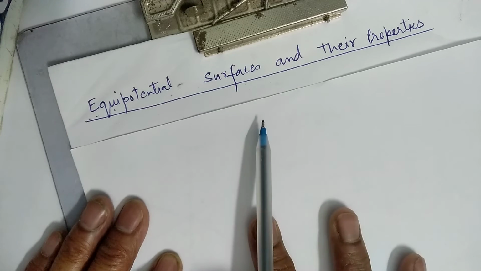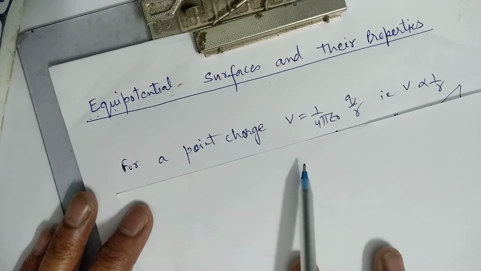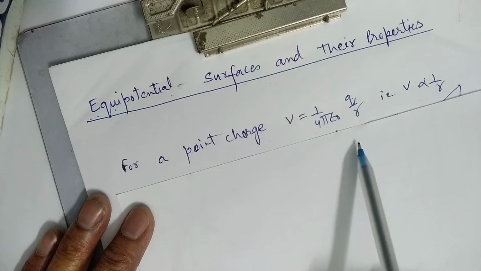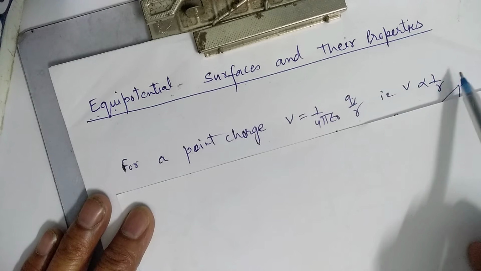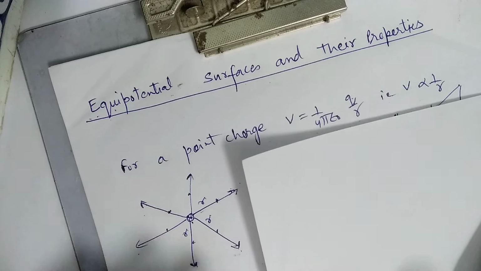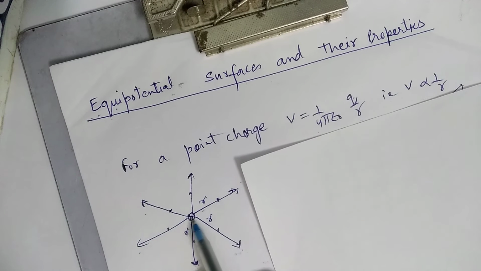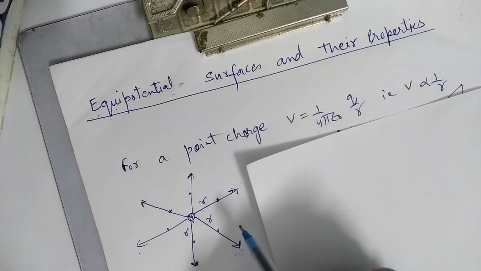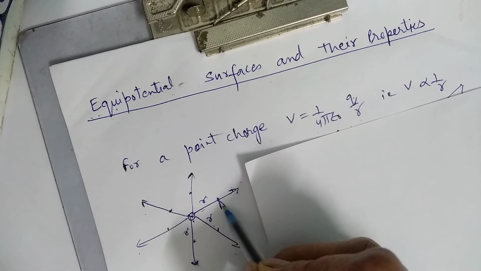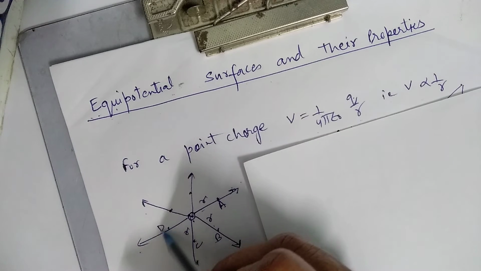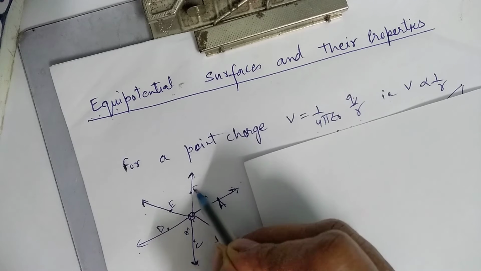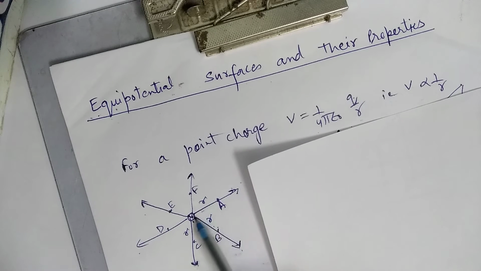For an example, as we know, the potential for a point charge is V equal to 1 upon 4 pi epsilon naught Q upon R. That means V is proportional to 1 upon R. So if we take a point charge, then these points all are at the same distance R. So we can say that the potential at points A, B, C, D, E, F, all these points, they are at equal distance.